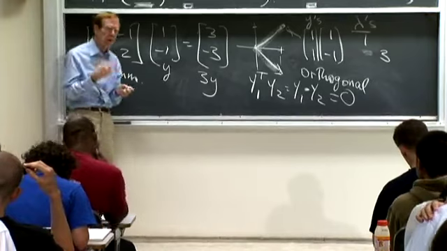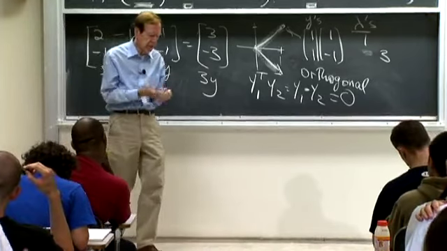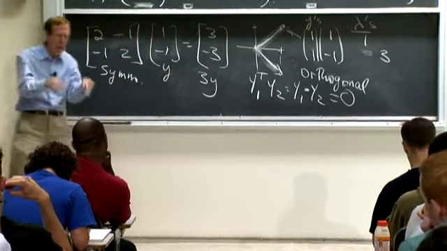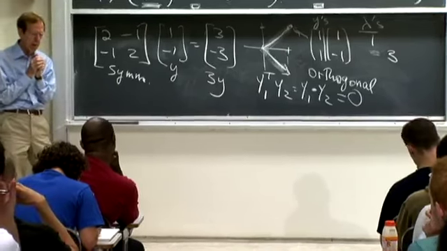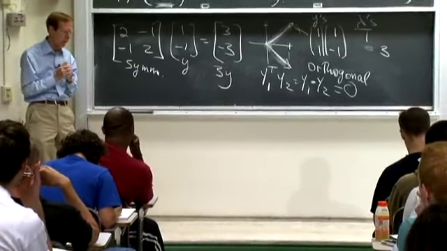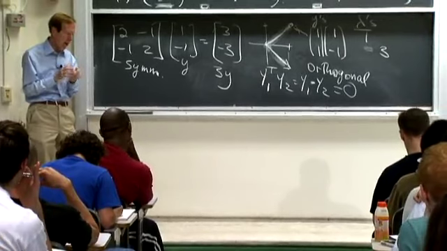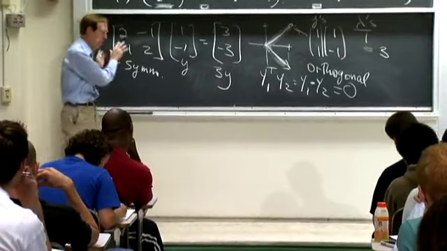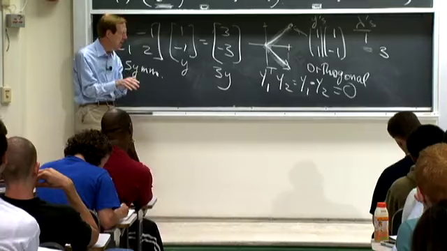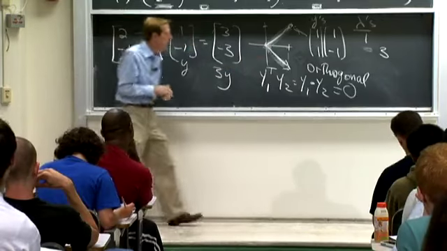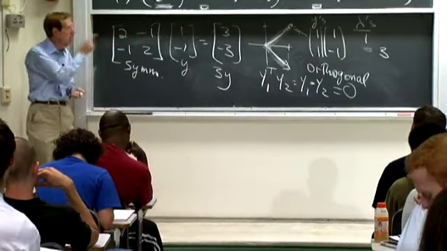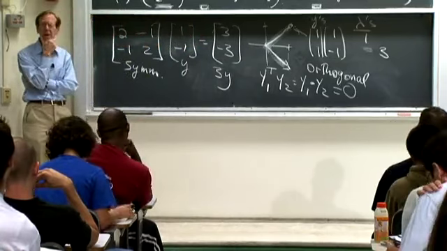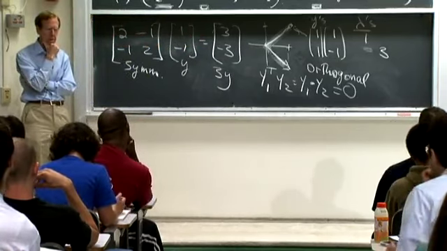What I'm trying to say is eigenvectors and eigenvalues are like a new way to look at a matrix, a new way to see into it. And when the matrix is symmetric, what we see is perpendicular eigenvectors. And what comment do you have about the eigenvalues of this symmetric matrix?